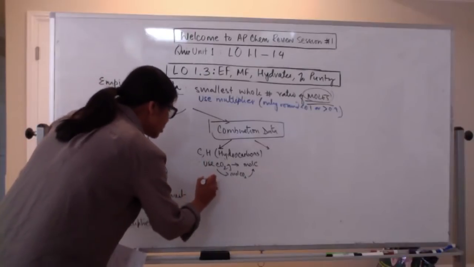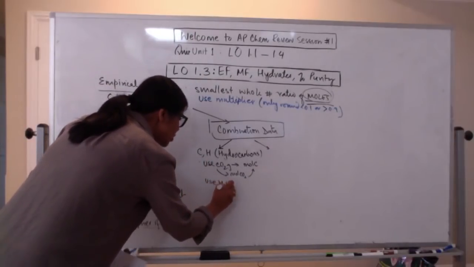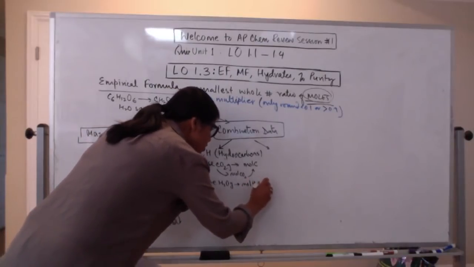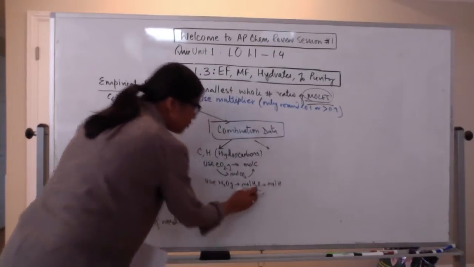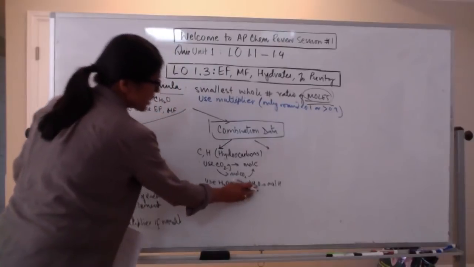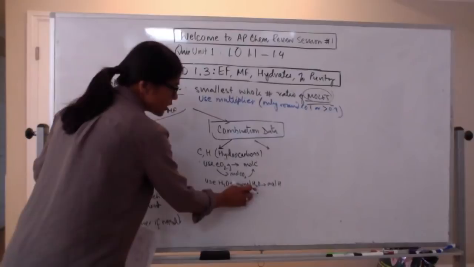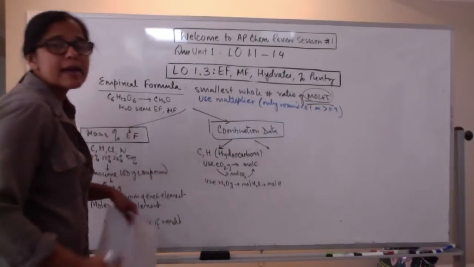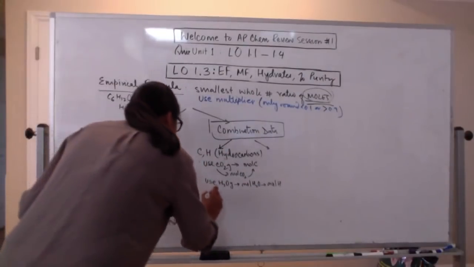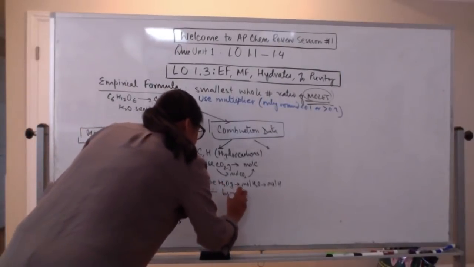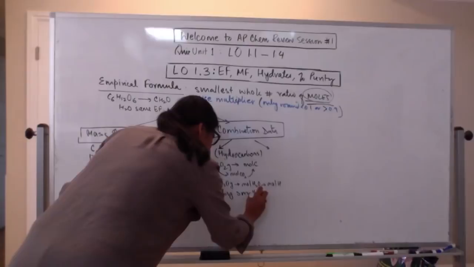Then second thing you'll do, use H2O grams to moles of H2O to moles of H. In 1 mole of H2O, 2 moles of H. In 1 mole of CO2, 1 mole of C. But here it is a 1:2 ratio. You get moles and then divide by smallest moles.